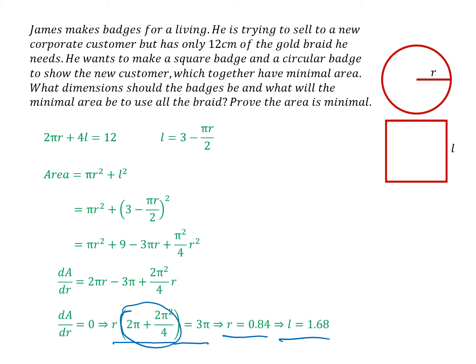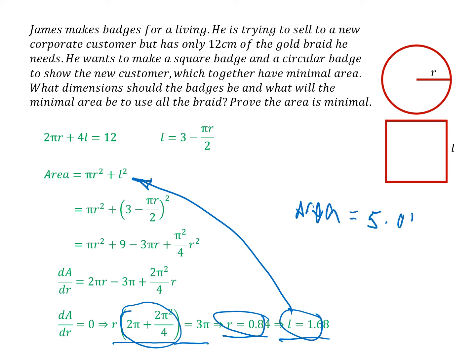But when you put the unrounded values for R and L back into the expression for the area, you get the area equals 5.04 centimeters squared. So that's the area. Have we answered the question yet? Find what dimensions should the badges be? What is the minimal area using all the braid?